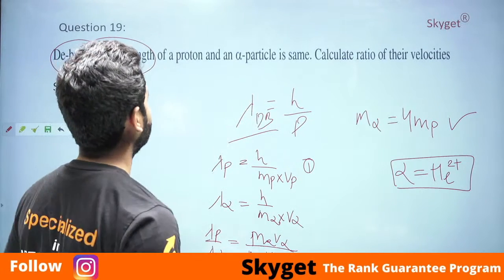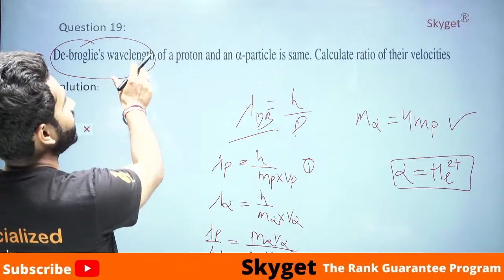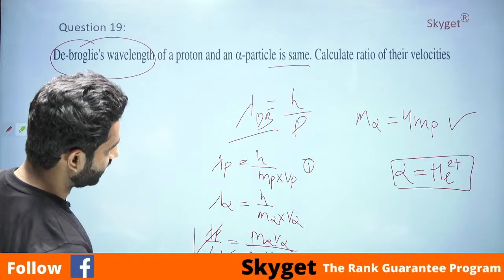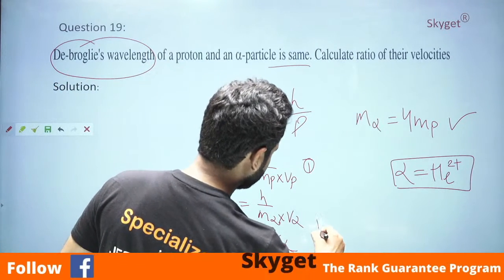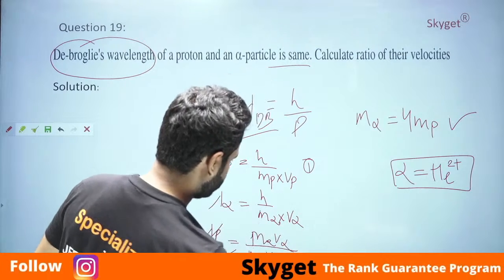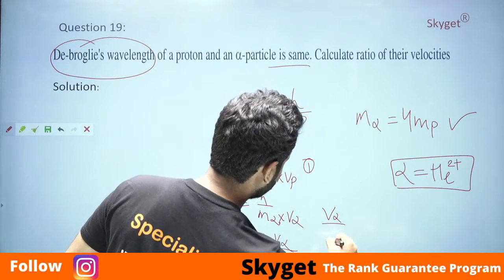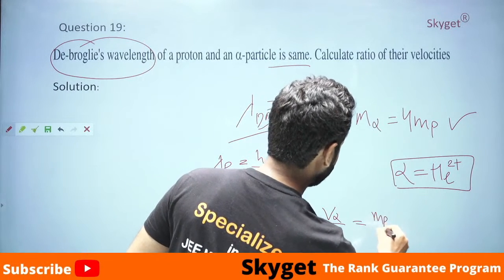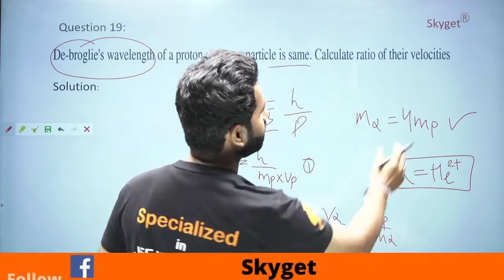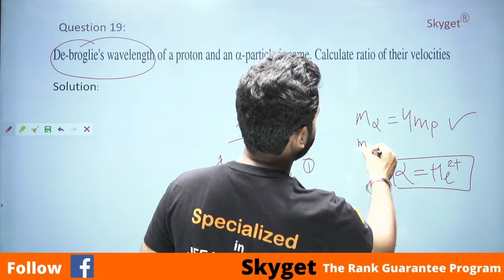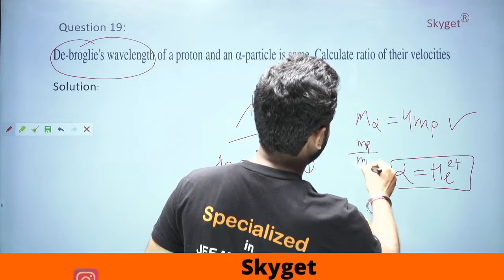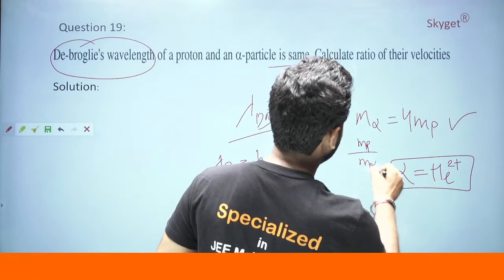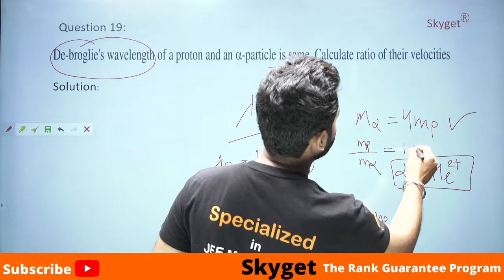Another important thing is that de Broglie's wavelength is same, so this gets cancelled, comes out to be 1. It means V alpha upon Vp equals MP upon M alpha. What is MP upon M alpha? MP upon M alpha is equal to 1 by 4.